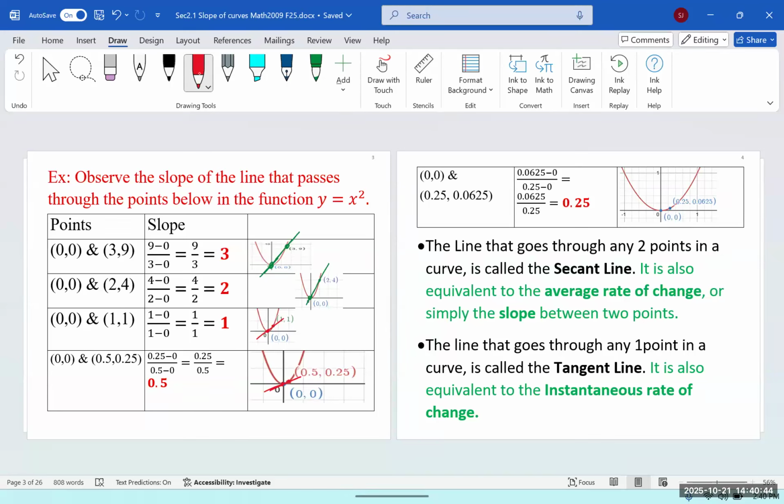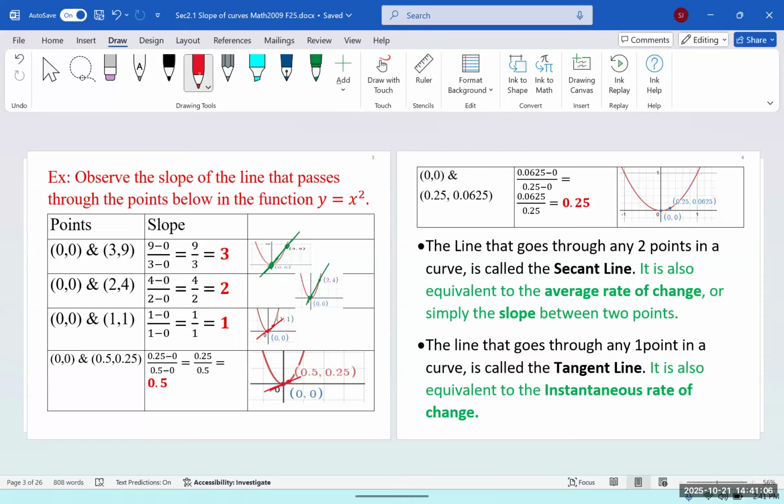So we can guess that if you pick another point that is closer to 0, the slope will definitely be closer to 0. So the more you go closer and closer, we can get an estimate of the slope of the line exactly at 0. The answer will be 0.